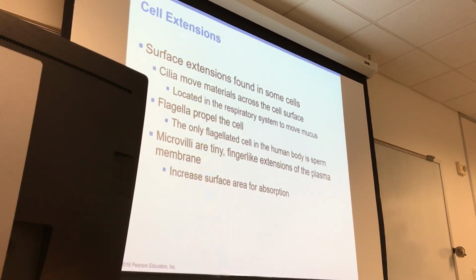For example, in our throat. Any smokers in the house? Don't want to admit to it? I rarely get a hand up on smokers anymore. Our cells on the inside of our throat, inside of our trachea, are lined with cilia, and they beat. What they do is they keep things out of our lungs. People who smoke, what's the one thing they tend to do a lot? They tend to cough a lot, right?